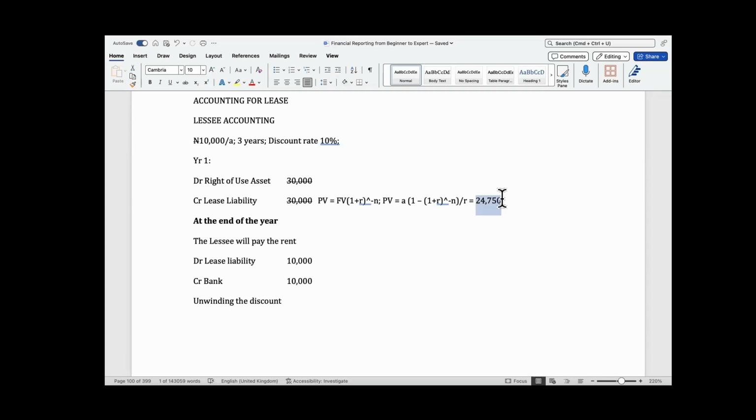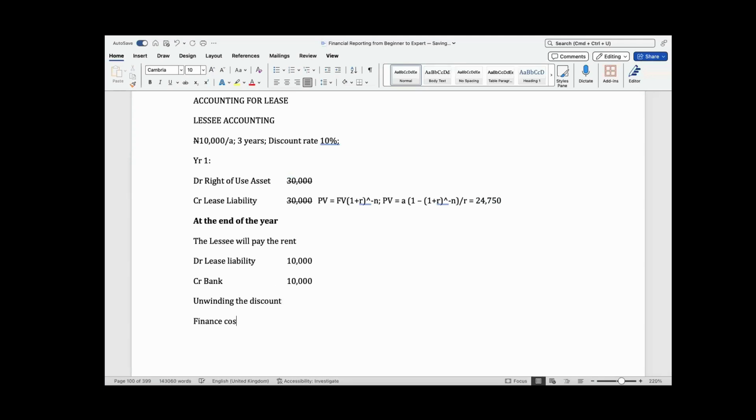Because present value is like accounting for time value of money. We are saying 30,000 in the future, the value of that today is 24,000. So as you move through time, you need to start releasing back those discounts, those inflationary factors, right? And we do that through finance costs, or interests.